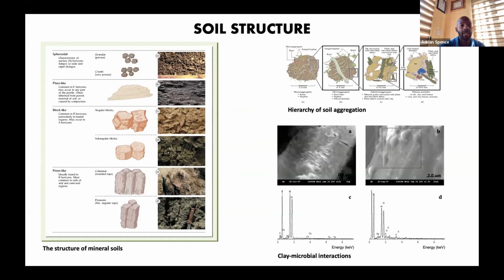So it can be, say, for example, in a granular format, or like a prismatic format, or a blocky format, or a plate-like format, which, for example, the clays clearly highlight.